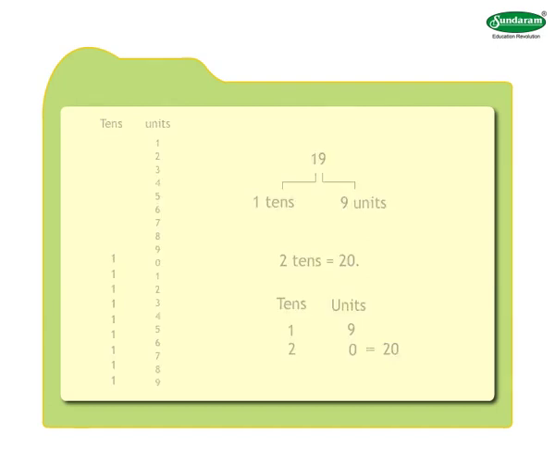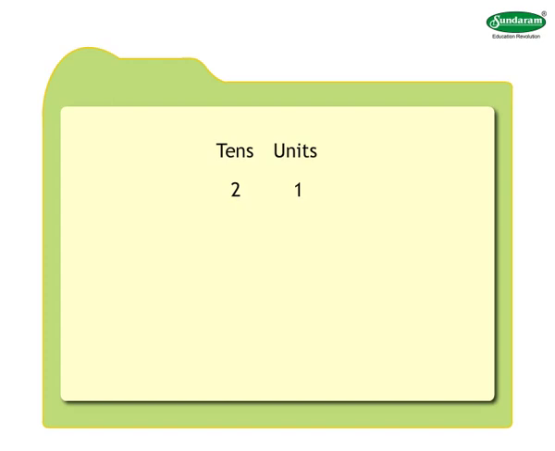Let us now see the number 21. In 21, there is 1 unit and 2 tens. Next is 22, where there are 2 units and 2 tens. Next is 23, where there are 3 units and 2 tens.